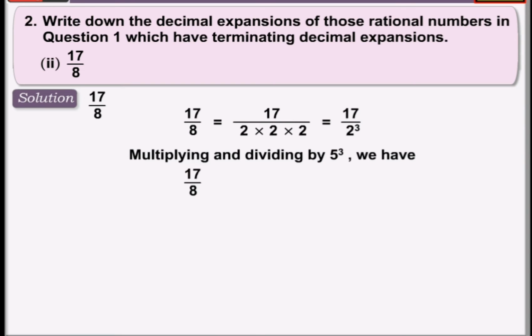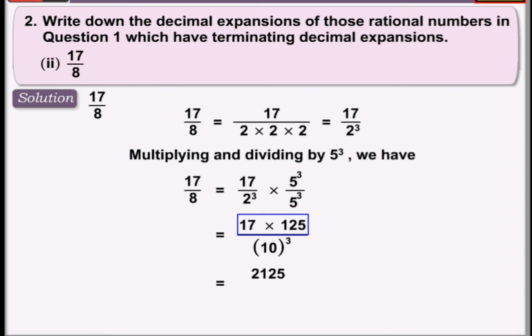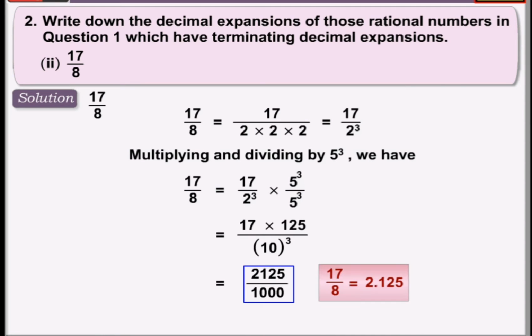So 17 upon 8 is equal to 17 upon 2 cube into 5 cube upon 5 cube, which is 17 into 125 upon 10 cube. That is 2125 upon 1000, which is 2.125.